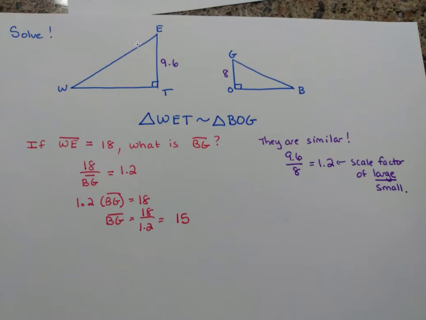So if WE is 18, then 18 compared to BG would have to equal 1.2. That's the scale factor that exists between each pair of corresponding sides. Well, now I'm just going to solve for the BG side. Multiply by BG, divide by 1.2. So BG has to be 15.